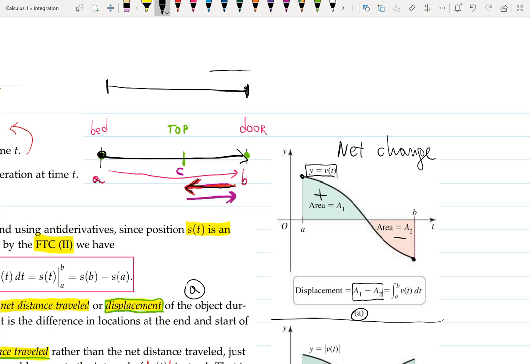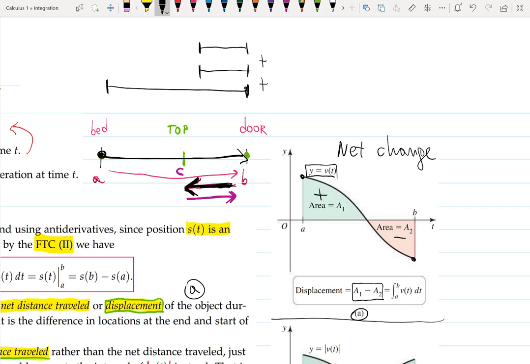Then I came back from the door to the top of the, whatever I just said, table where my keys were. Then I traveled from that location to the door back. And I will add all these traveling parts because now I'm taking the absolute value of them, instead of thinking that this direction over here from B to C was negative.